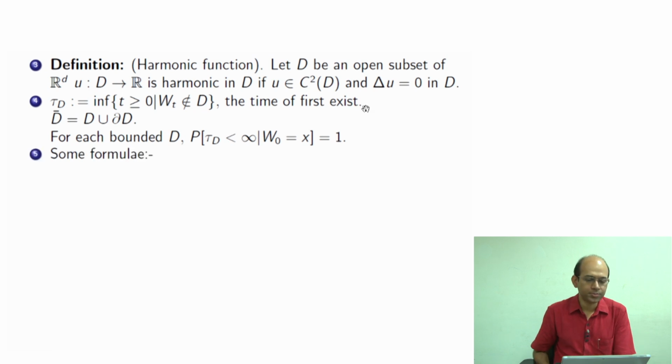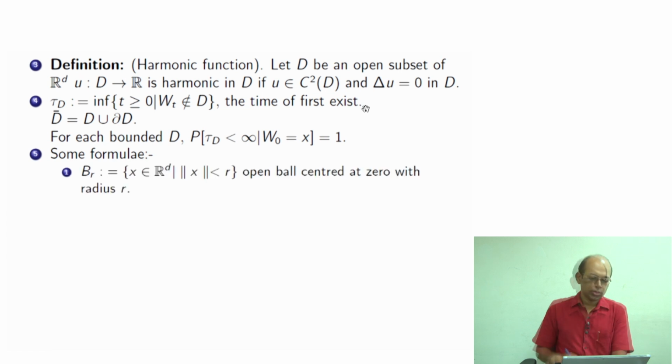Now, we recall certain formulae. Okay. So, here the notation B_r denotes the open ball centered at 0 with radius r. This is the definition, correct: |x| is less than r when x is in R^d.